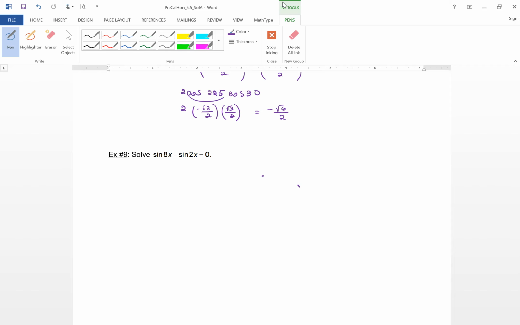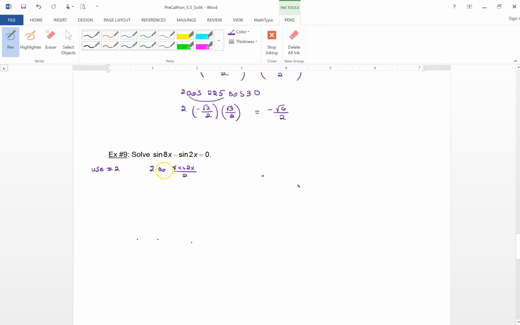Here we're going backwards. Which one are we going to use for this one? Sine 8x minus sine 2x. So we get 2 sine (8x plus 2x) over 2. Oh, no. Yes, cosine.